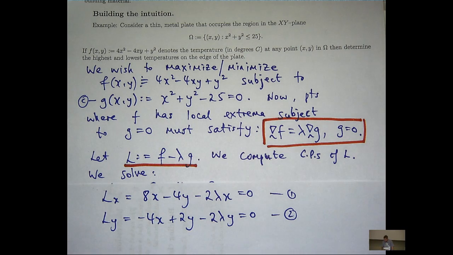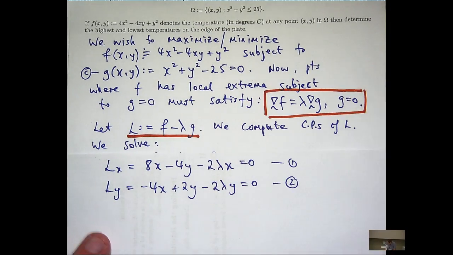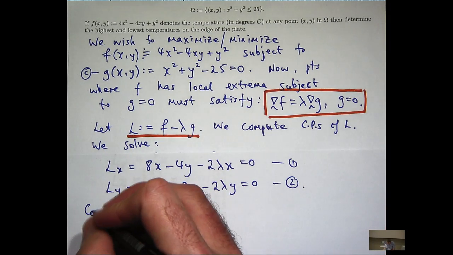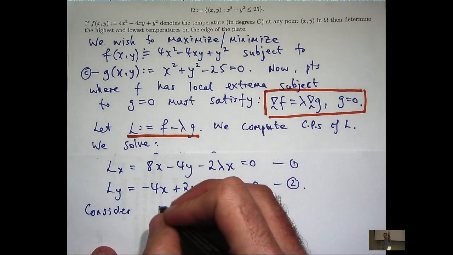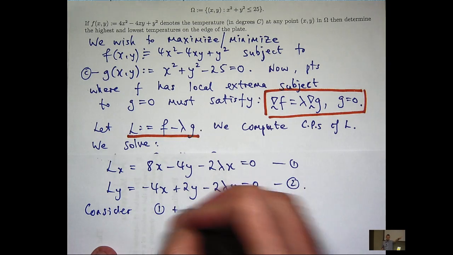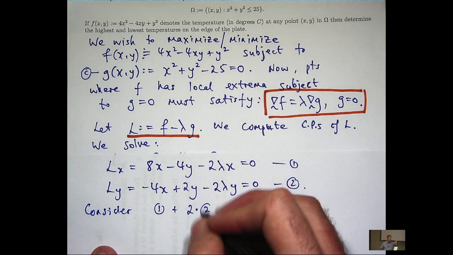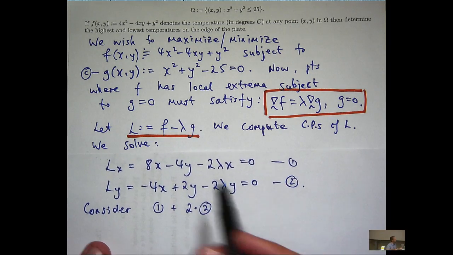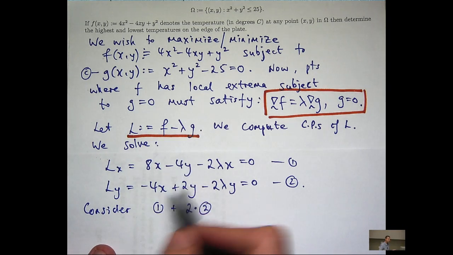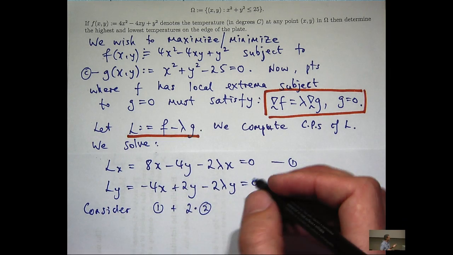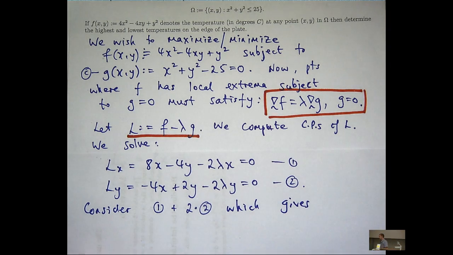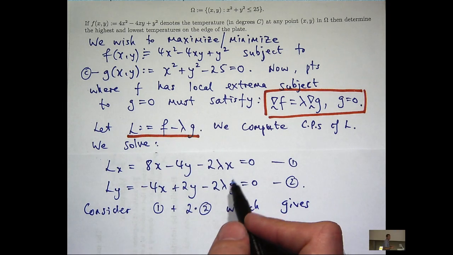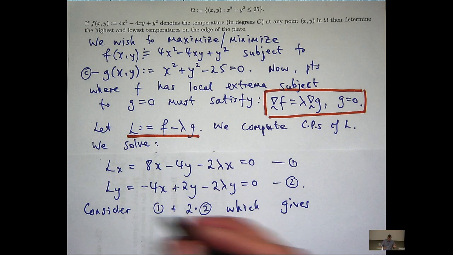So consider equation 1 plus 2 times equation 2. When I add those together, the first 2 terms are going to cancel out. So multiply that by 2 and add those 2 together.